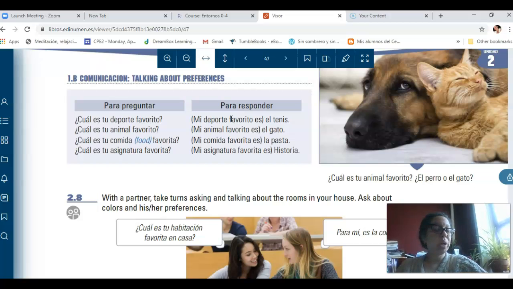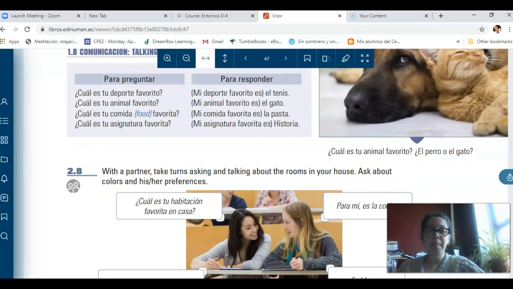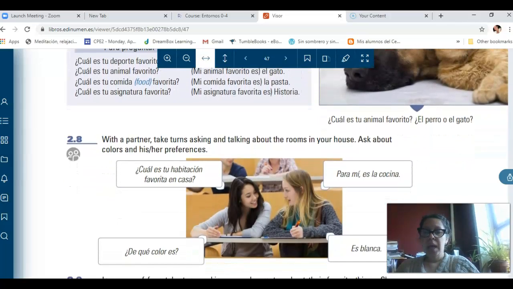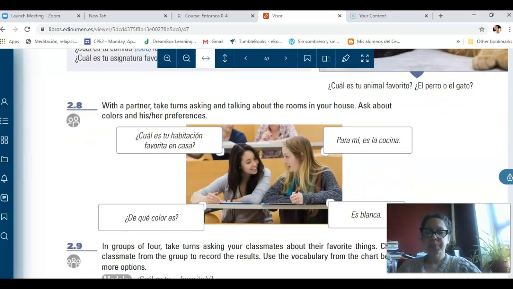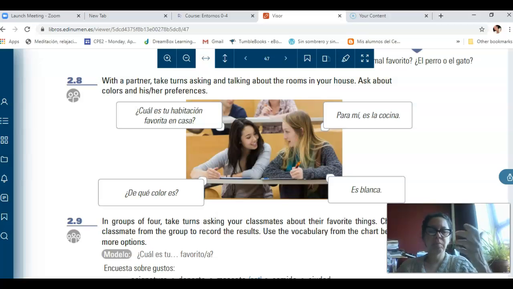Mi comida favorita es la comida mexicana. And then, ¿cuál es tu asignatura favorita? Mi asignatura favorita es historia, matemáticas, español, inglés, etcétera. ¿Sí? Here, you see how it's working within a dialogue, okay?